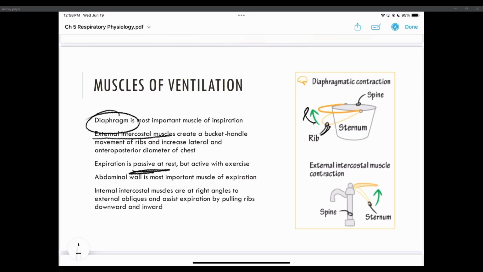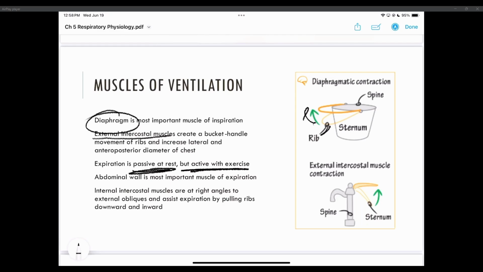Expiration is passive at rest, but active with exercise. You have to be actively exhaling during exercise. Okay, so what happens when you start running for people who don't run very much? What do you get? You get side splints, right? Little pains in your sides. Why? Because those muscles are being used probably for the first time in a very long time, because you don't exercise.